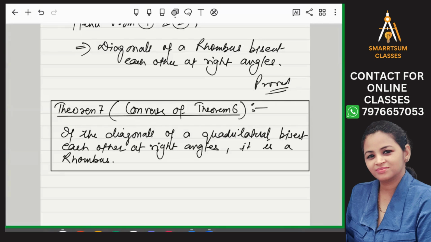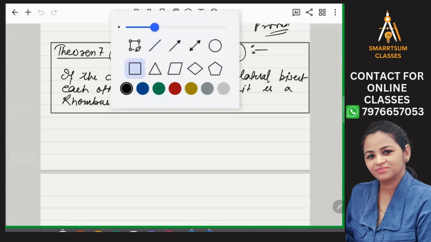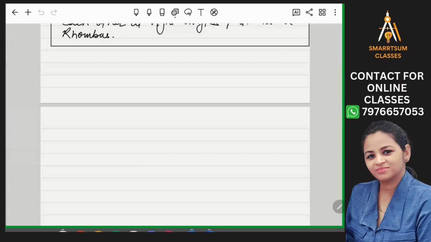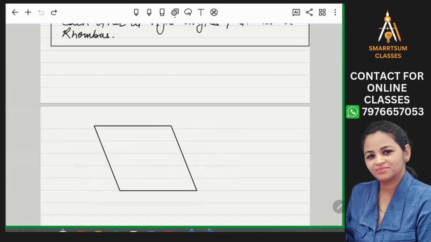Once we prove that, we can say that the two sides of the triangles, like AD and DC, are equal. I'm just giving you the idea; you can try this on your own. Suppose this is a rhombus, and we have two diagonals here.